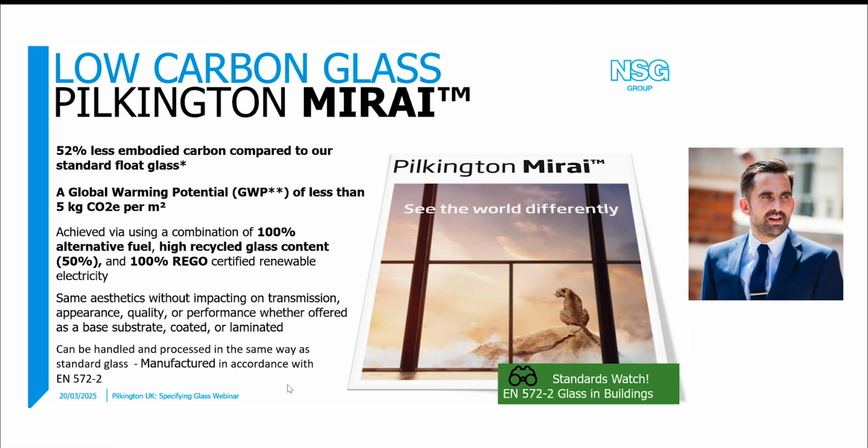In terms of the low carbon glass types on the market, it certainly is the best performing around the reduction of embodied carbon. It has a GWP, a global warming potential, of less than 5 kilograms of CO2 per meter squared. And this is achieved using a combination of 100% alternative fuel to fire the furnace when we are running the Mirai campaign.